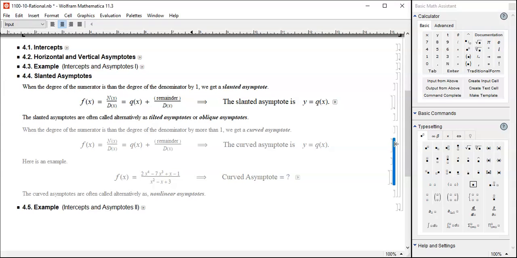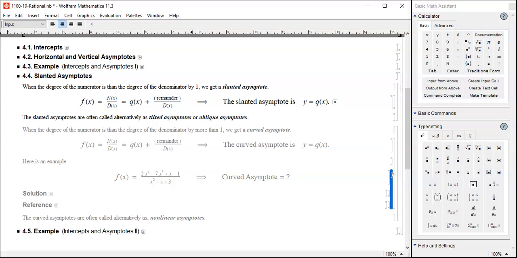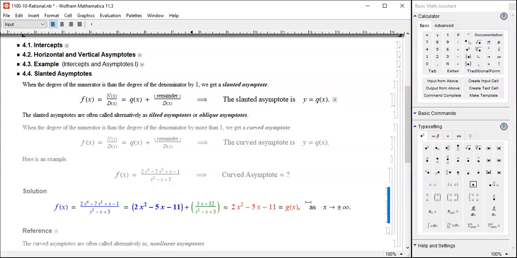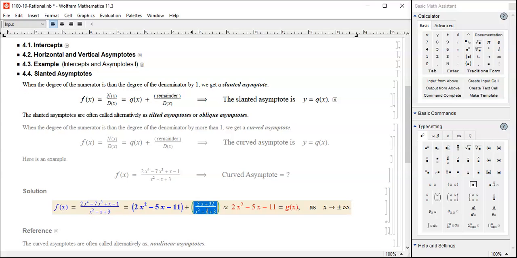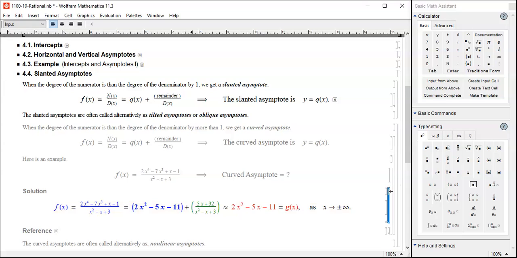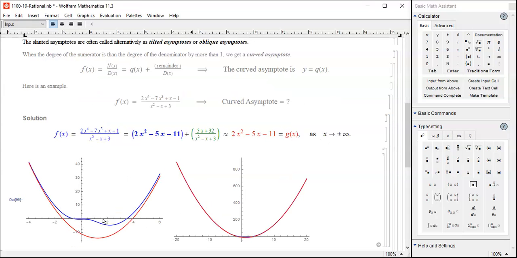And here's a picture. We have something like this, and then what do you do? You use appropriate polynomial division. If you do it right, you're going to get this quotient, and then the remainder over that denominator. If you plot it, this one here is y equals 2x squared minus 5x minus 11.